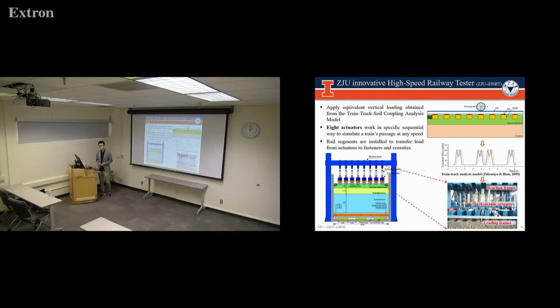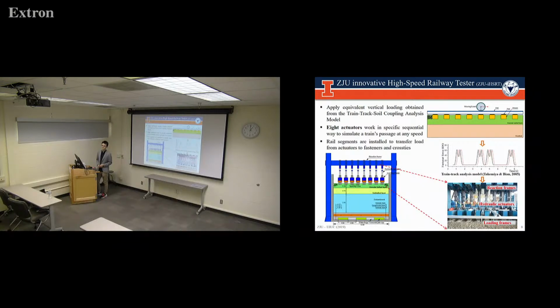But if you forget about impact loading and consider just the effect of speed, this was clearly observed in this experiment, which is a really clever, innovative test. By going from 100 kilometers per hour to 300 kilometers per hour, they see a 30 to 40% increase in the response, what we call the dynamic amplification factor.